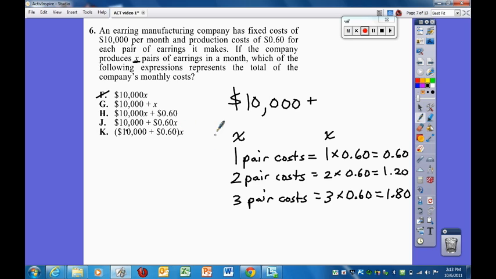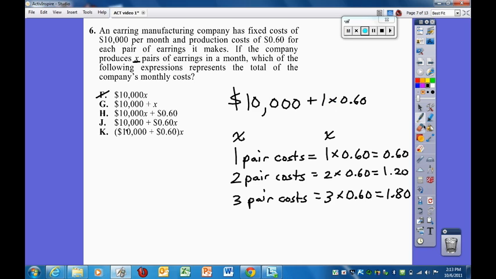But let's think about this. If I made one earring, then I would say that I'm making 1 times 0.60 or 60 cents more cost in producing that. Now I can't say 1 right here because that is going to vary.